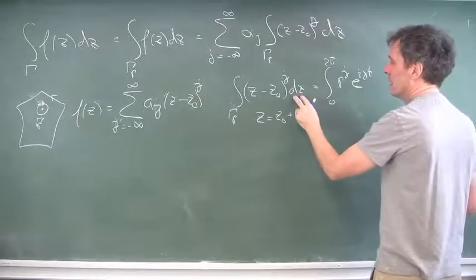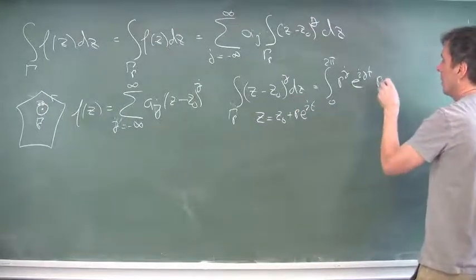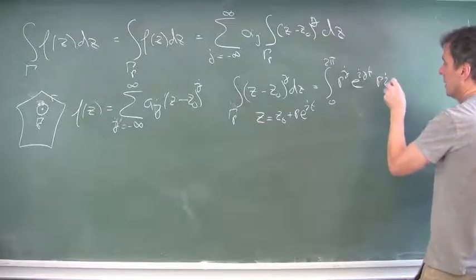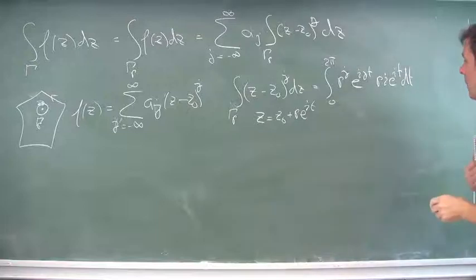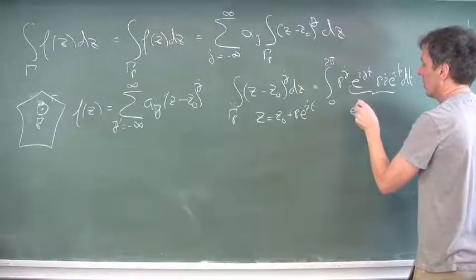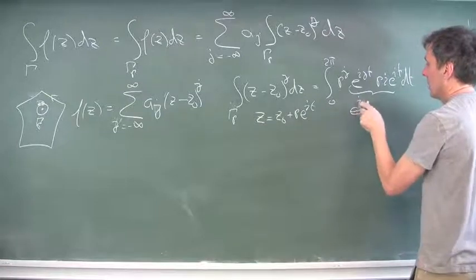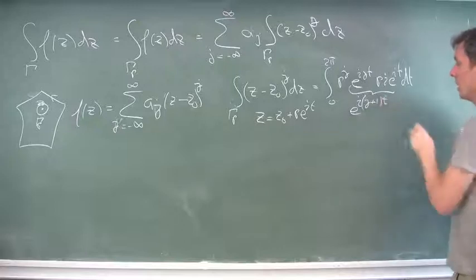And then instead of dz, we will get r times i e to the it, and then dt. And then you see that you get a function of the type e to the i times j plus 1 times t up here.